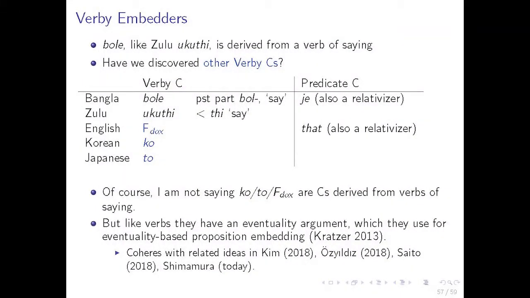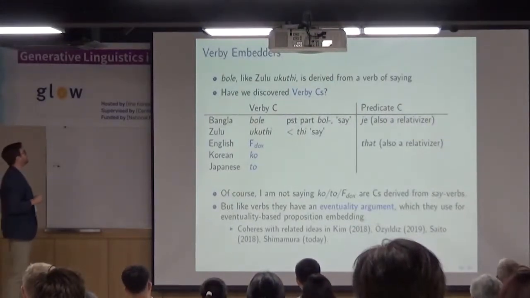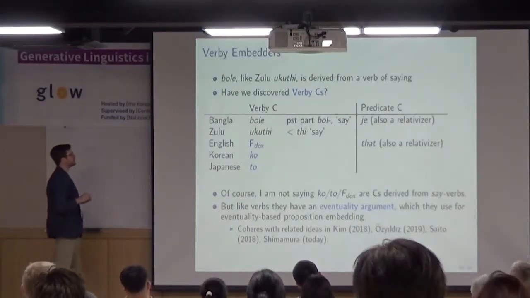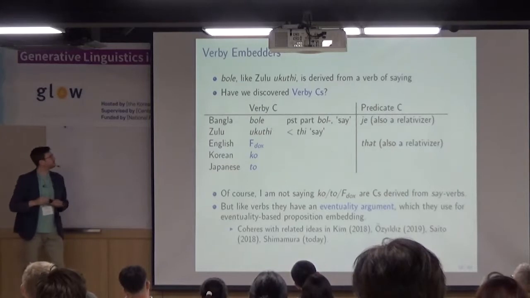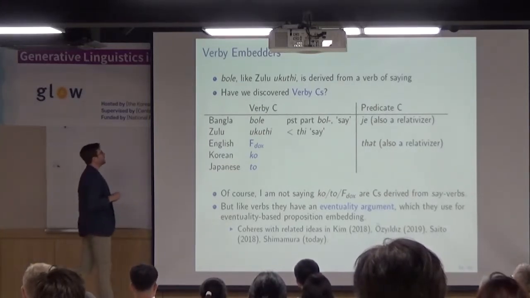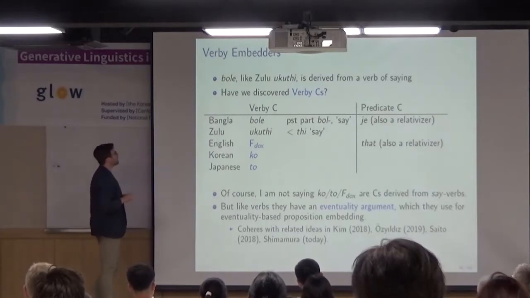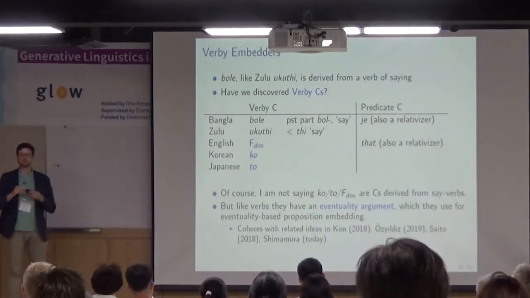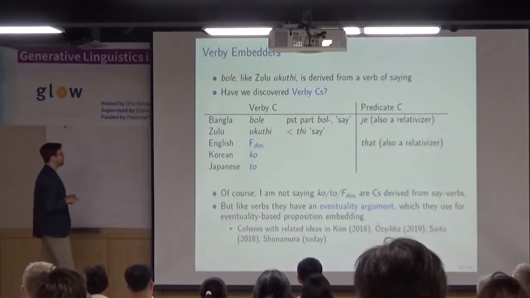Here's the wild speculation. Here's another fact. Bole, much like the Zulu complementizer we saw earlier, is derived from a verb of saying. Okay? And here's my bigger message. Maybe what we've discovered is a split in complementizer types.